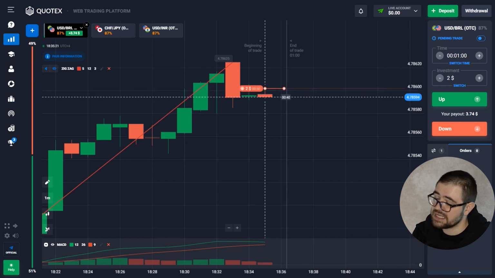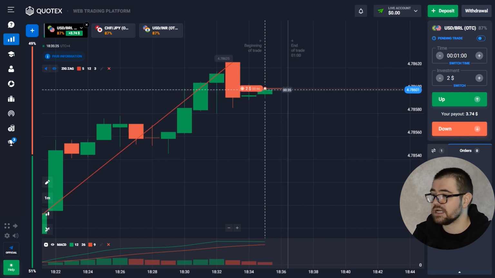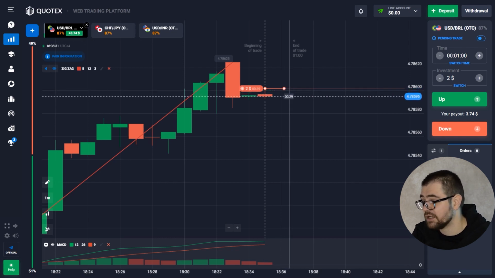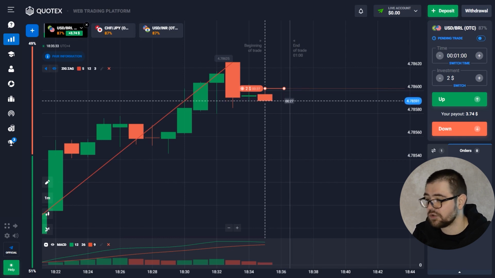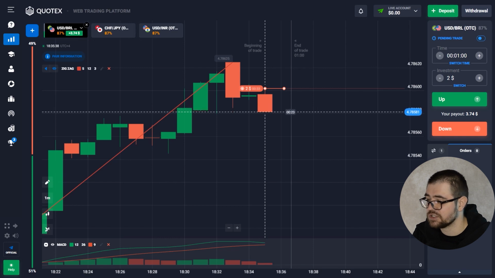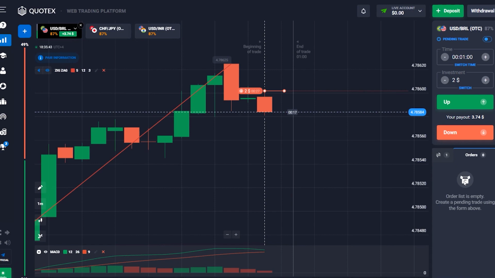So that's when the price is starting to loosen up and kind of just starts to go down. Okay, and then the MACD is also showing there almost crossing this. So in the next minute it's gonna probably cross the slower line, and there it's getting close to it. So let's wait for the result.